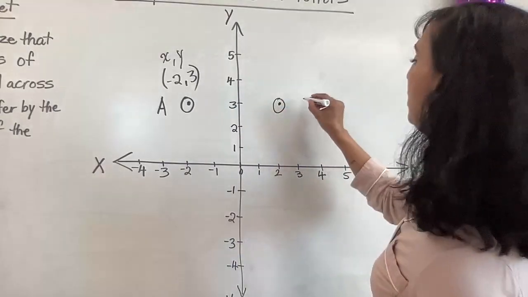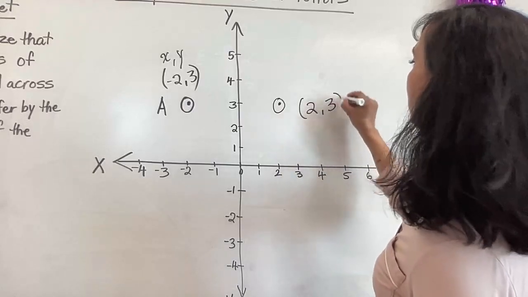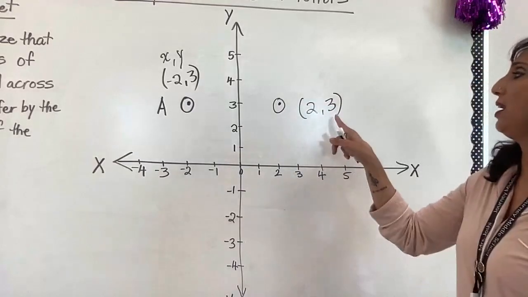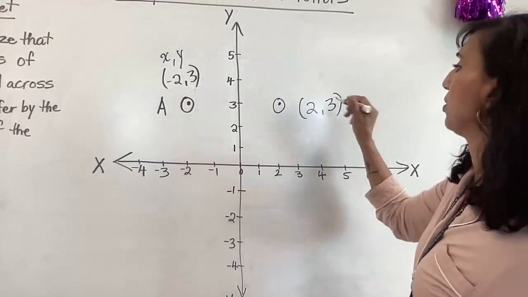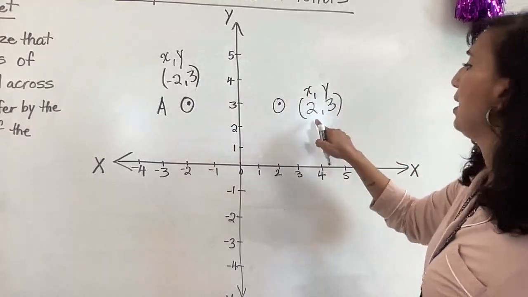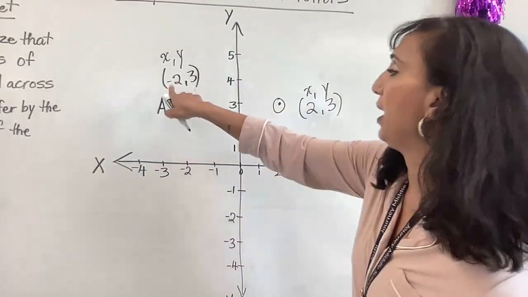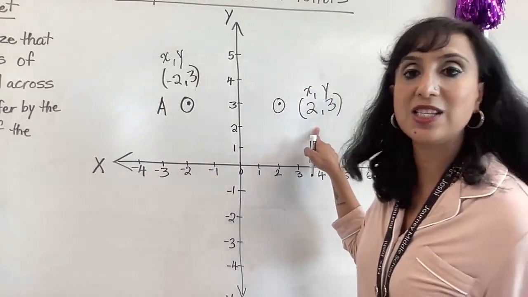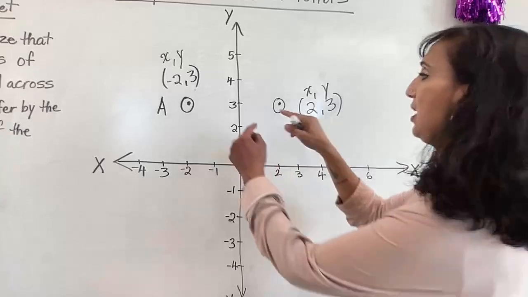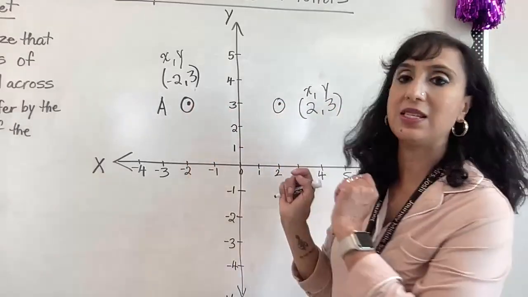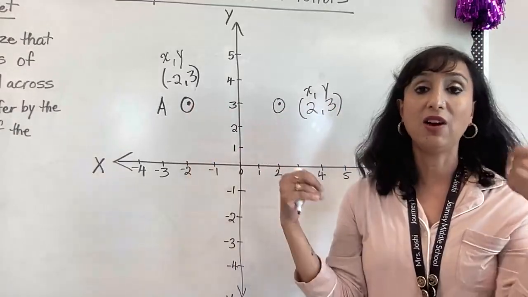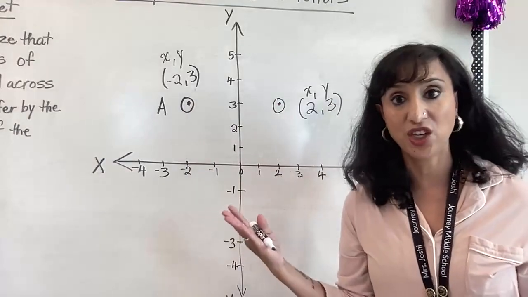So this is 2, 3, and once again my y stays the same because this is x and this is y, and the x becomes the opposite sign. Of -2, the opposite sign is +2. So now you can see that both of these are the same distance on the other side of the y-axis, and that's what a reflection is.